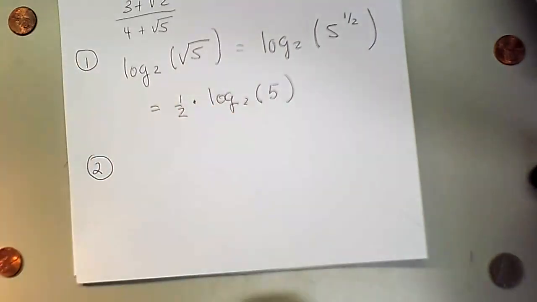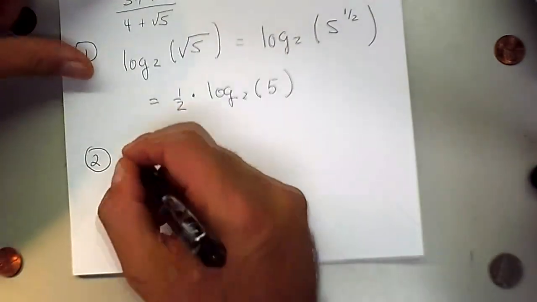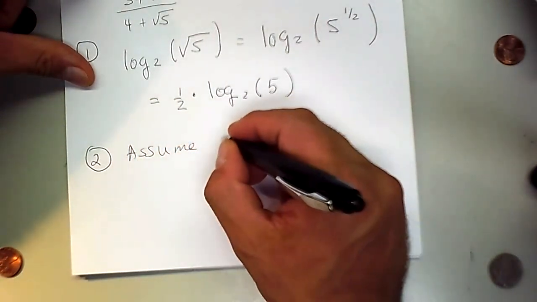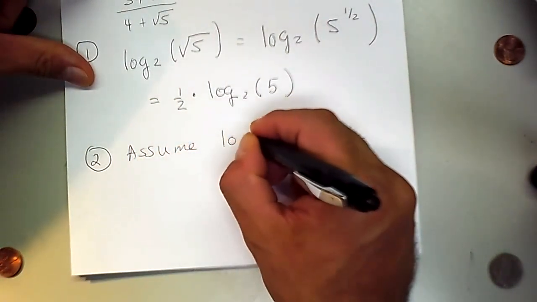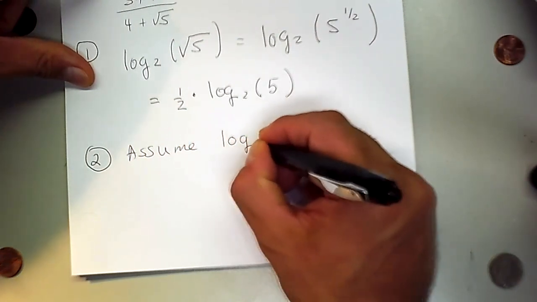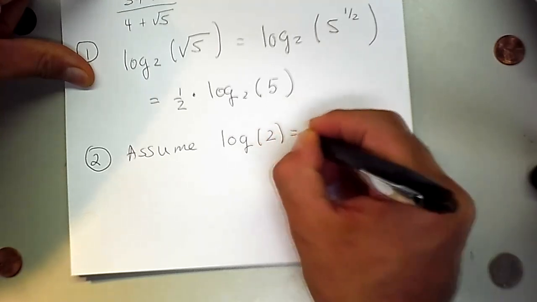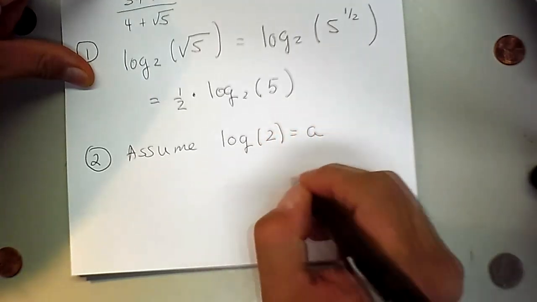This is going to be a longer example. So assume the logarithm in base 10 of 2 is equal to the letter a.